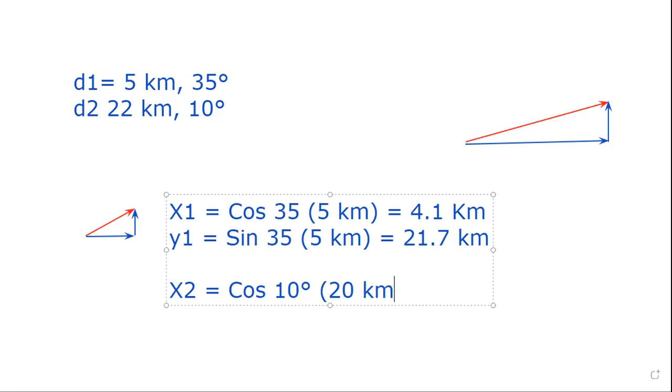Times 22 kilometers. Y1 is wrong, I think. Y1 is wrong? The sine of 35 times 5? Can somebody confirm that? Yeah, it's wrong.